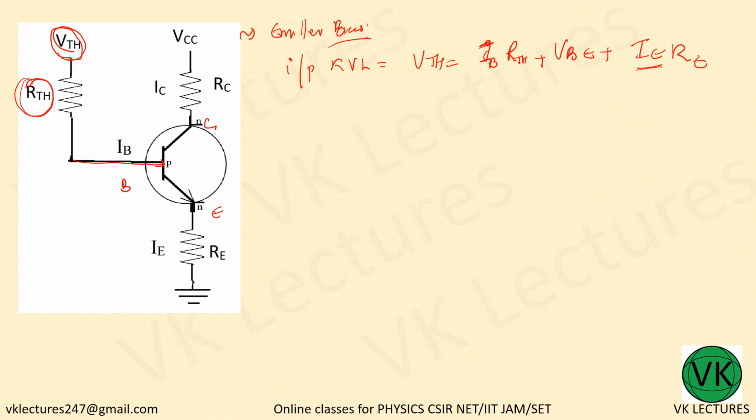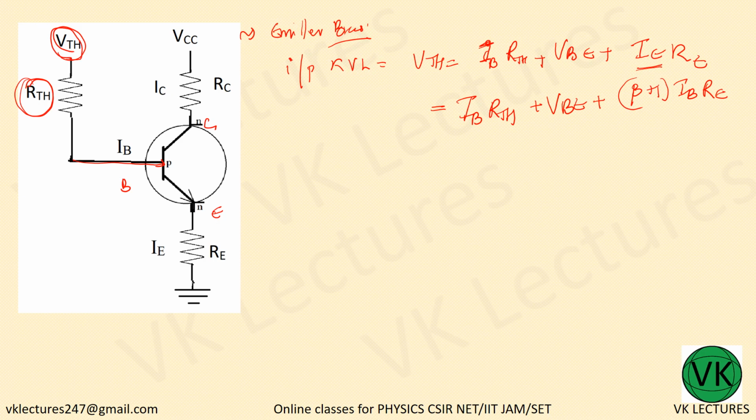In terms of beta, IE equal to (beta plus 1) IB into RE. Now this, let it remain as IB into RTH plus VBE plus (beta plus 1) into IB into RE.